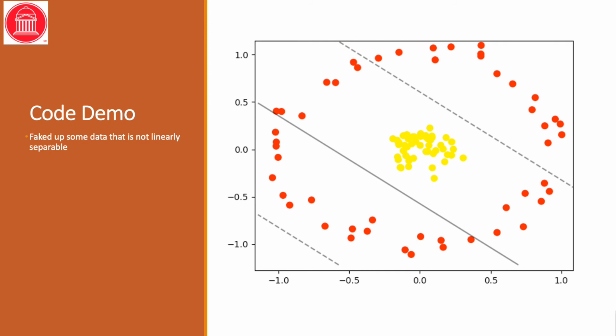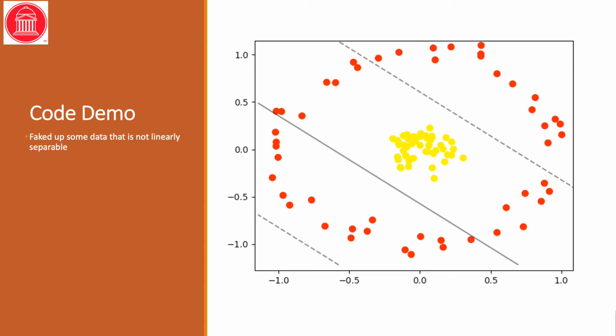So let's look at a practical example of this. As I mentioned, when you don't have clearly linearly separable classifiers, this is where your kernel trick comes in handy. In this particular example, we have one cluster in the center and then an outer cluster, and each of these represents a different class.